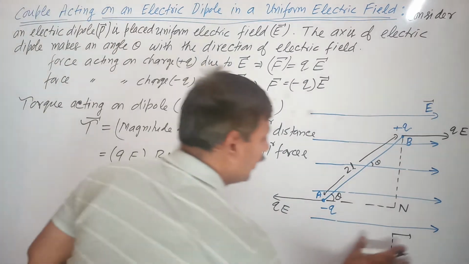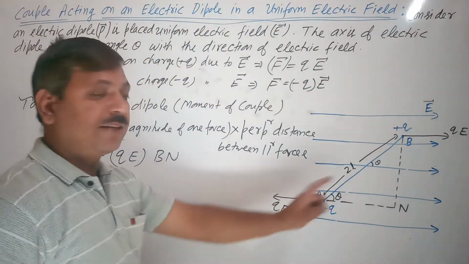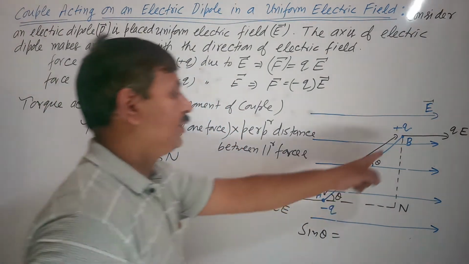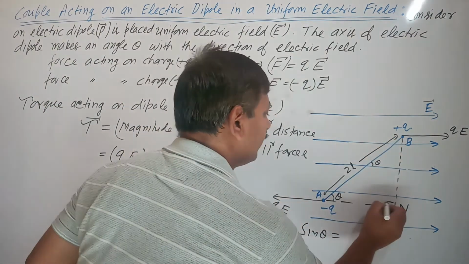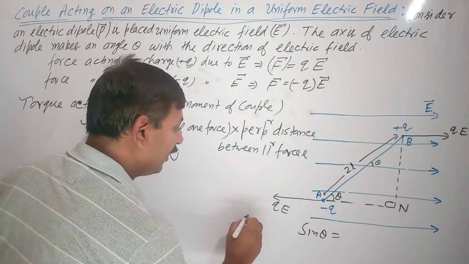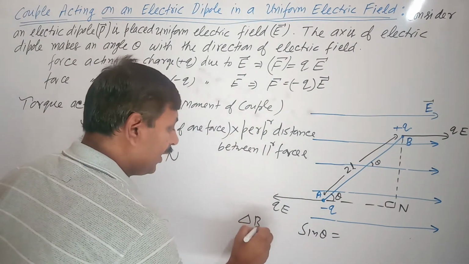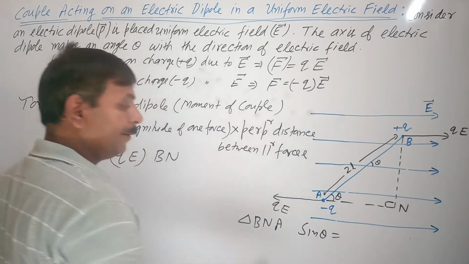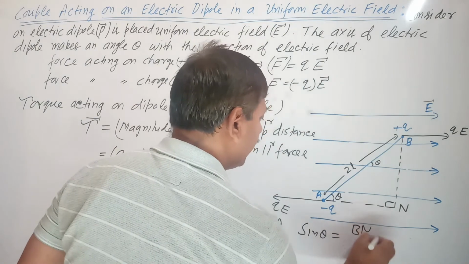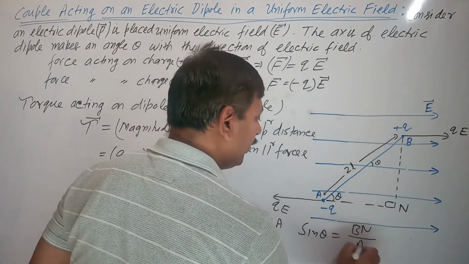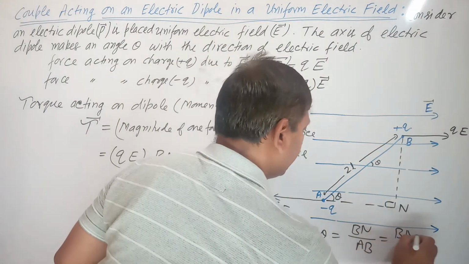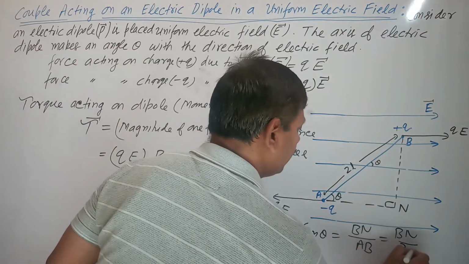You can see here, applying sin theta in this triangle BNA, which has a 90 degree angle, a right angle triangle, sin theta is equal to BN upon AB. This length AB is 2L.